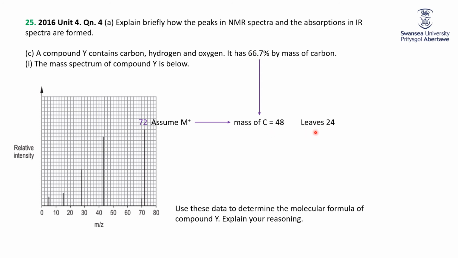Leaves 24. Okay, now we know that there's oxygen in there. One oxygen is 16. Two oxygens are 32. So there must be one oxygen in there, and 24 minus 16 gives us 8 hydrogens. So in other words, we can say that the molecular formula of the compound is 4 carbons, 8 hydrogens, and 1 oxygen.